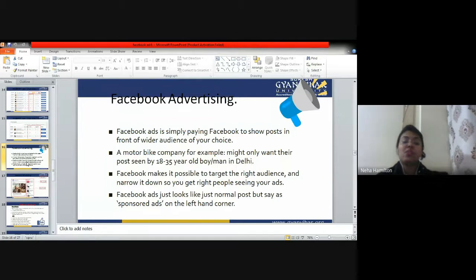Next, Facebook makes it possible to target the right audience and narrow it down so you can get the right people seeing your ad. Facebook ads just look like normal posts but say sponsored on the left hand corner. So whatever are the paid ads, it will be written sponsored.